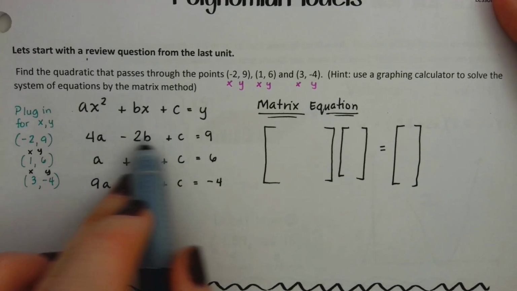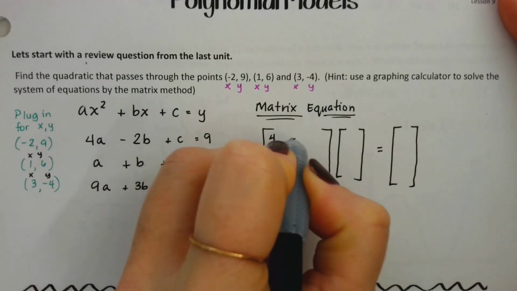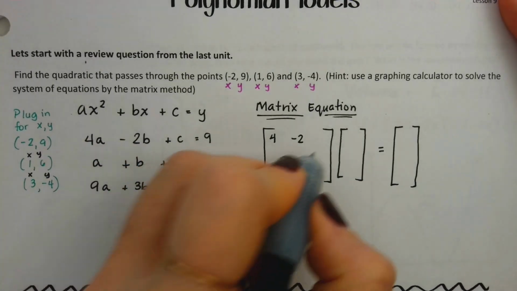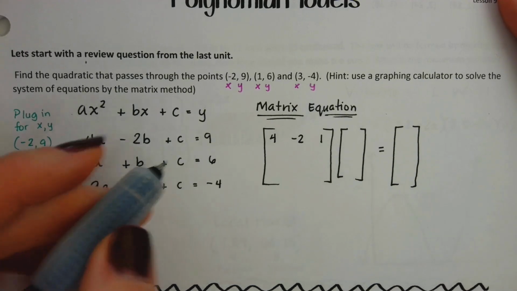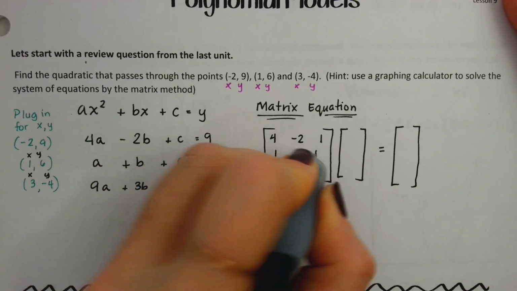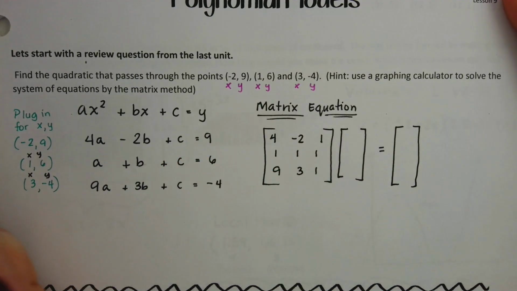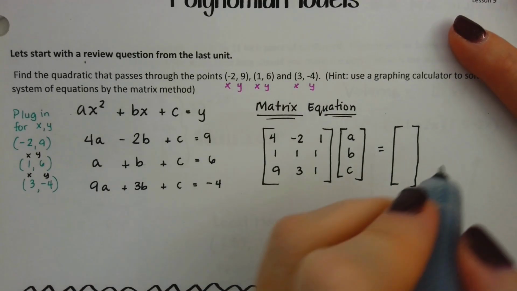For the top row, what are its coefficients? 4, -2, and C's coefficient is a 1. Second row's coefficients? 1, 1, 1, and 9, 3, 1. Those variables are A, B, C. Very good.